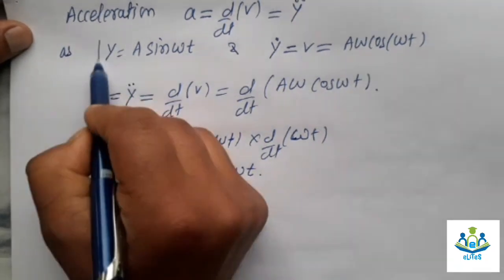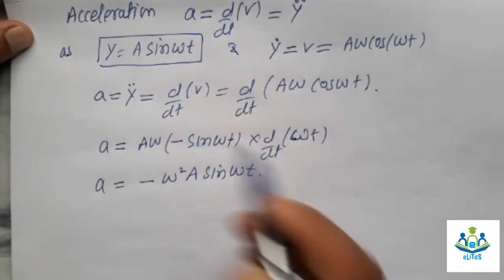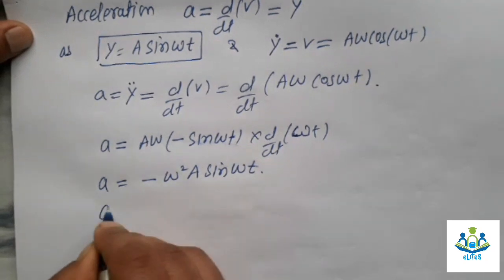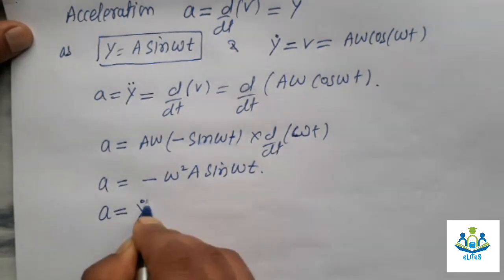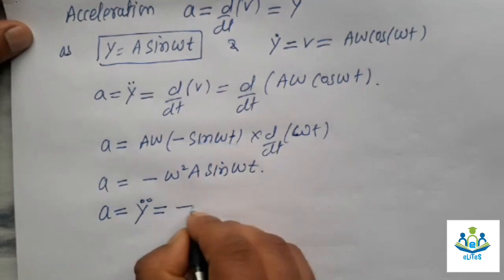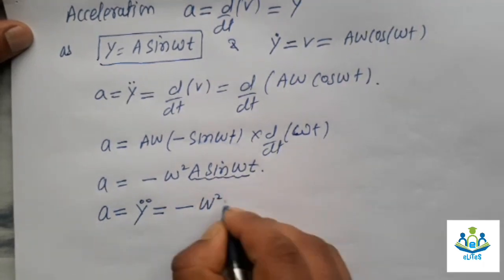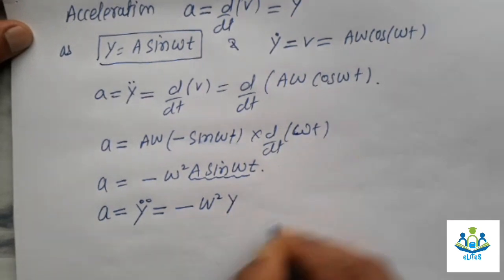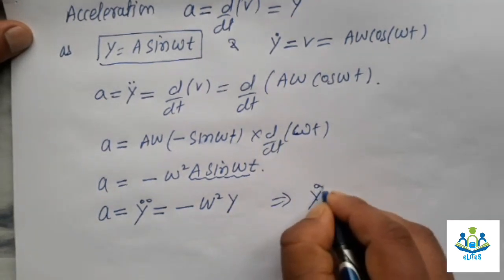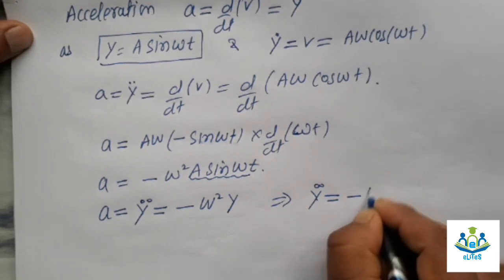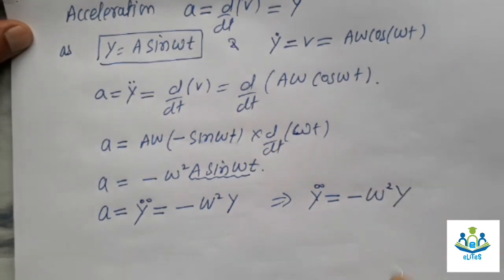But if you see, y is a sine of omega t, so the acceleration, that is y double dot, is equal to minus omega square, and this term I have written as y.